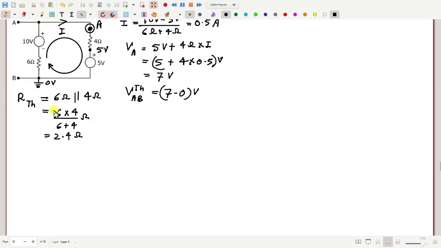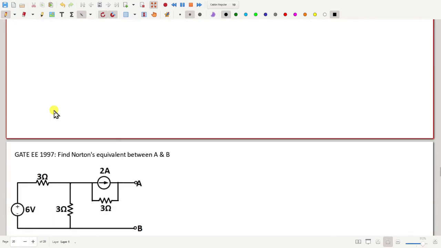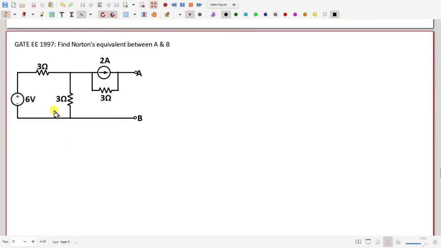Okay. So now we have to find a Norton's equivalent of this circuit. So you first try and then I will also do it.